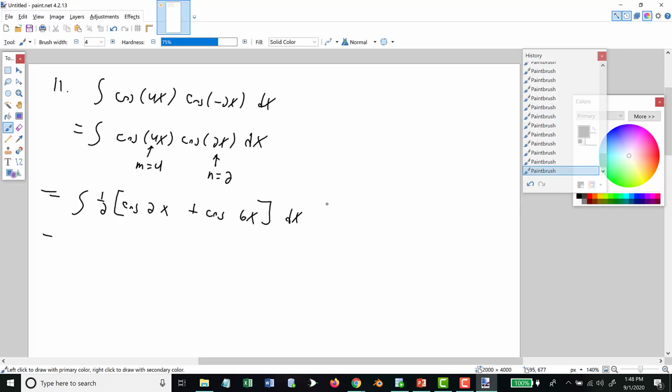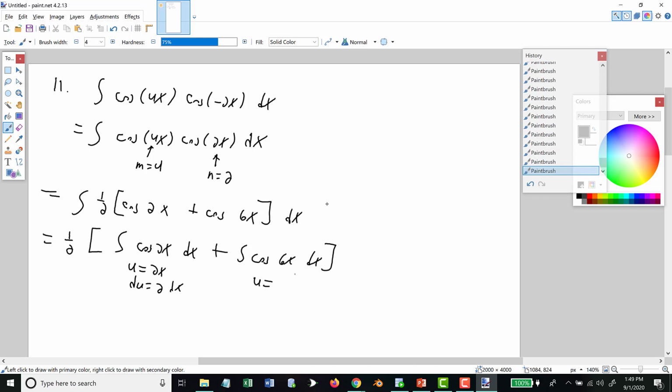Now 1/2 I can put clear out in front and not worry about. And I want to put these into two separate integrals. So there's going to be the integral of cosine of 2x dx plus the integral of cosine 6x dx. These are both substitutions. U is equal to 2x, du would be 2 dx. I'm going to say this is u also, but realize there are two separate u's.